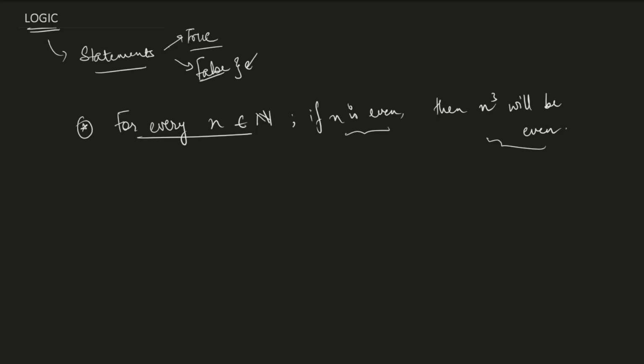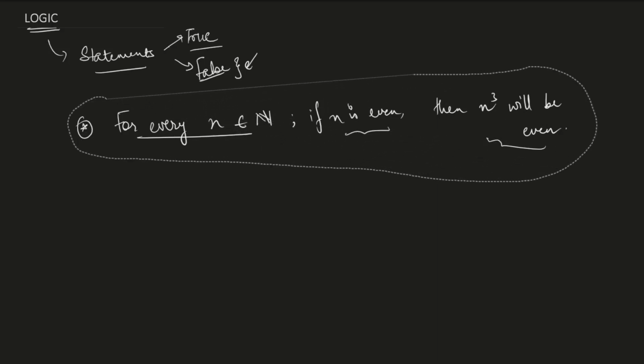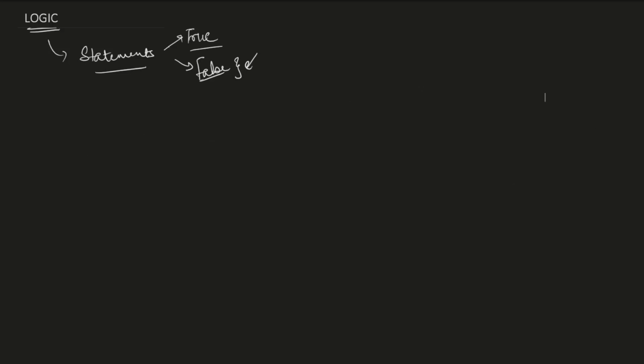So if we just get rid of this for now, we can work on some of the symbols we have. For any statement, you need to convert it to mathematical symbols, because you're always going to find it easier to work with symbols once you understand the meaning.